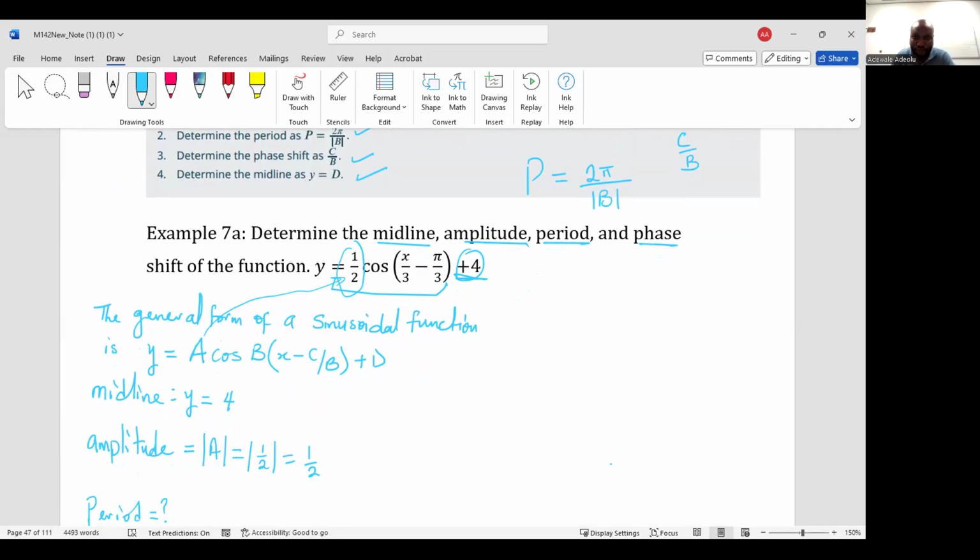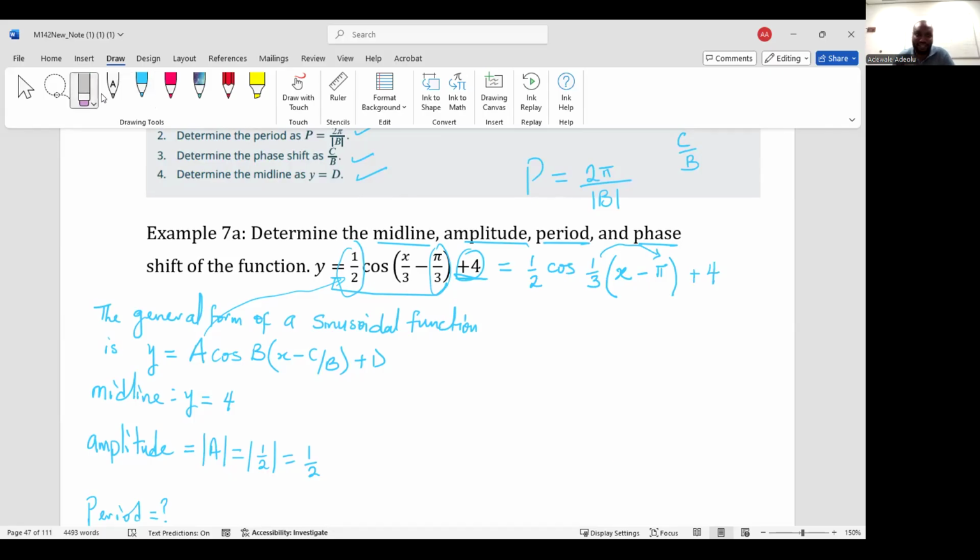We can rewrite this as 1/2 cosine. Our b is 1/3. I need to pull it out. Every time I must have x there because that is what I am comparing it to. x. Now, minus, remember, I pulled 1/3 out. So here I should just have pi, because if I multiply it, I must get pi over 3. Okay, so plus 4. It will not affect that because 4 is on its own.